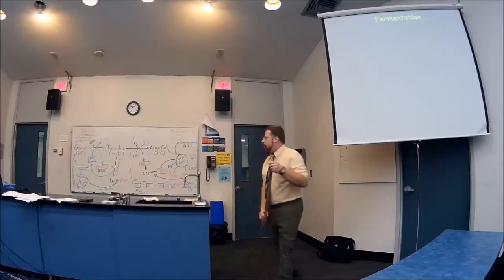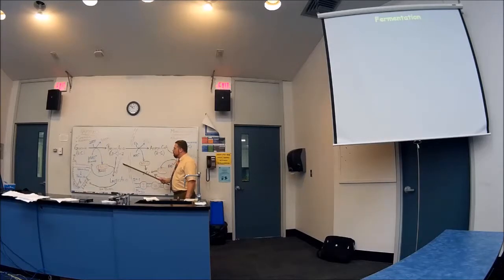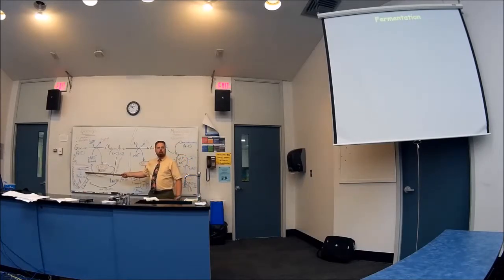Glycolysis is where you're making the 2 ATP, net-wise. There's no ATP being made here. The only purpose of fermentation is to recycle this NAD+, and the lactic acid can get into the liver, where later on we can make glucose through gluconeogenesis.